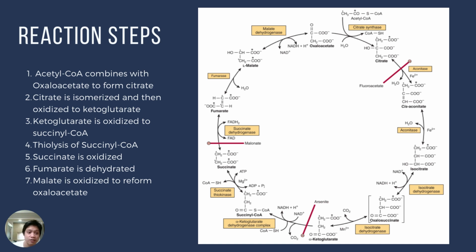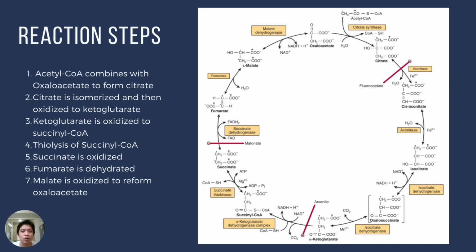Step number 5, succinate is oxidized to form fumarate. Fumarate is dehydrated, which means you remove water, to form malate. Lastly, malate will be oxidized and that will yield oxaloacetate, which is what participates in the first step of the cycle as it combines with acetyl coenzyme A.